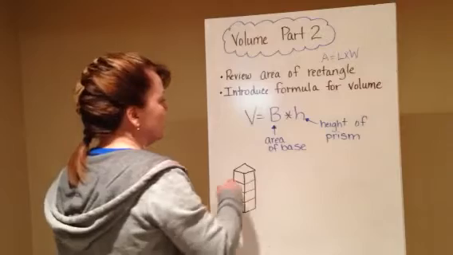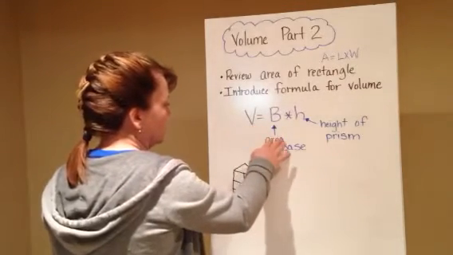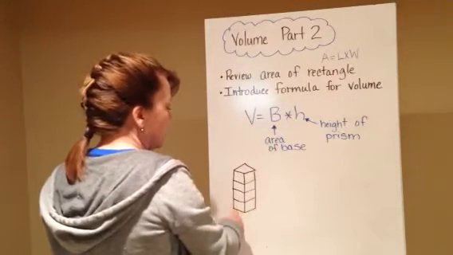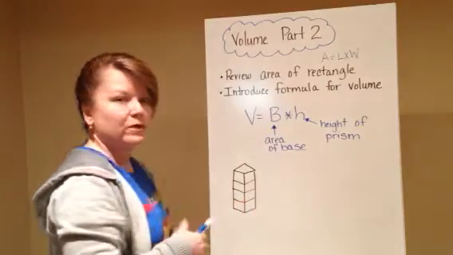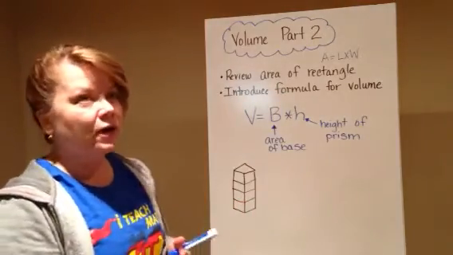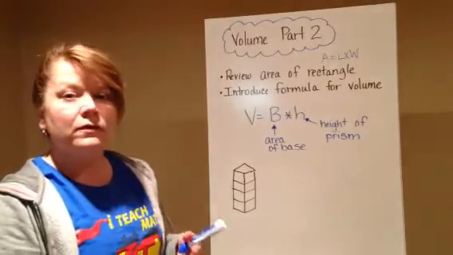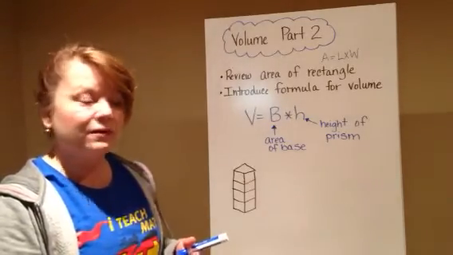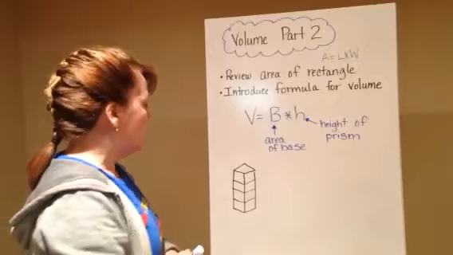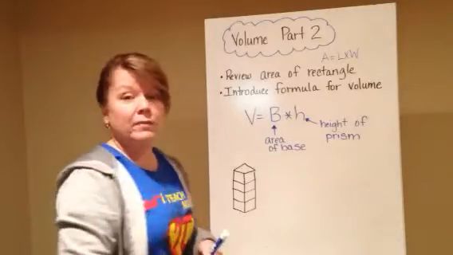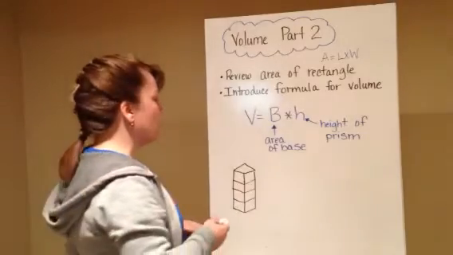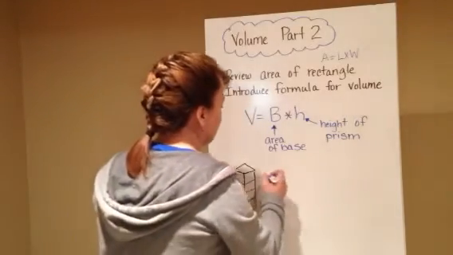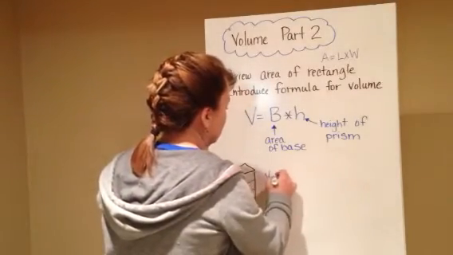Looking at my formula and the base first, I have 1 cube on the bottom. If I think about the area of a rectangle, it's length times width. My length is 1 and my width is 1.